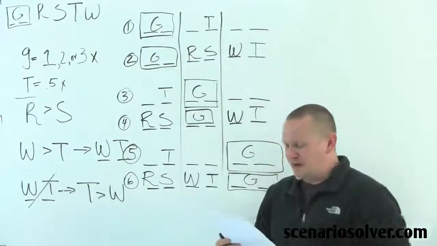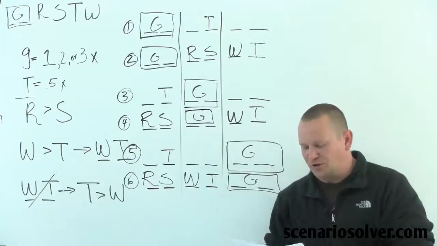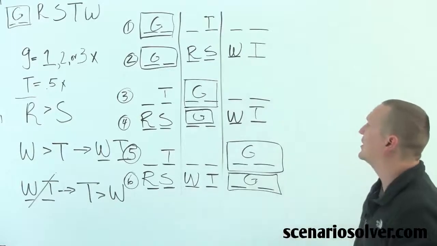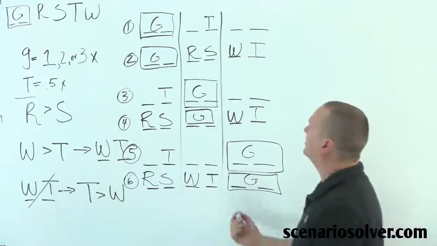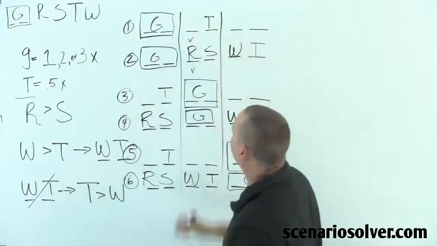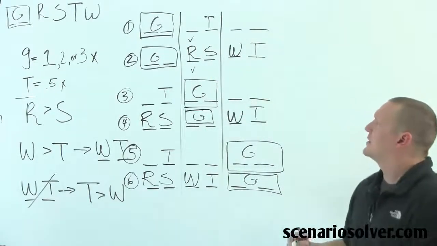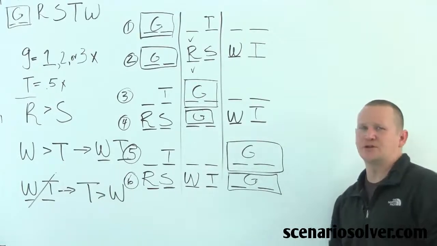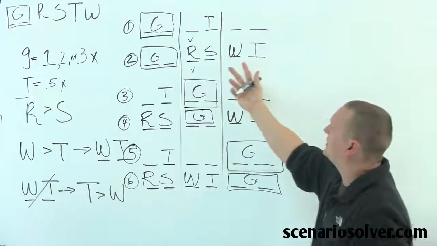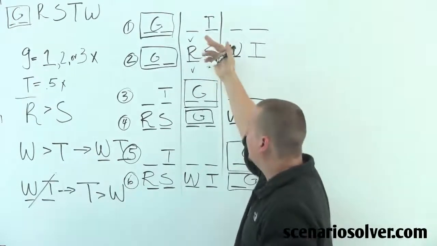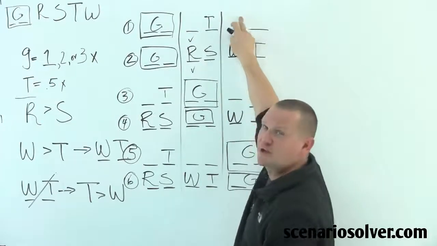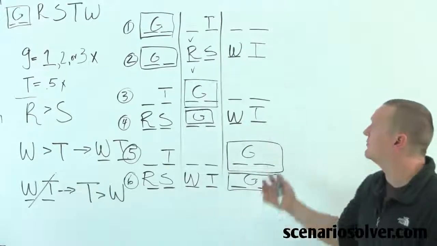19, if R is the second program, then each of the following could be true except. Okay, so we just ask ourselves, where can R be the second program? Well, it can be the second program here and here. Now, depending on how you want to do this game, how much confidence you have in yourself, if you can keep in your mind that R is here and that you basically have a dual option for W and S, you're free to move on.